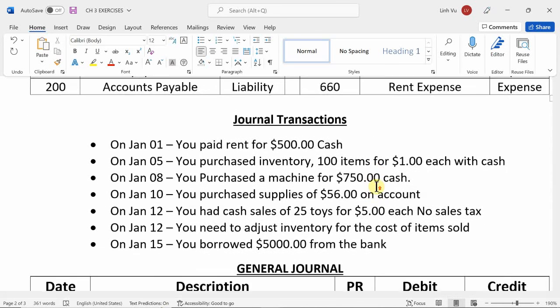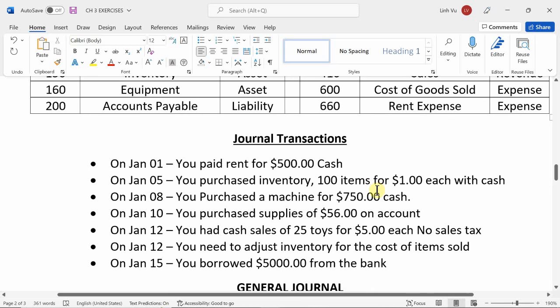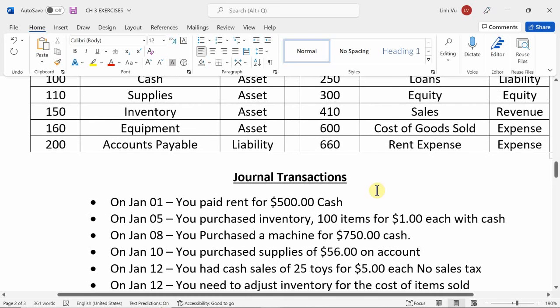The very first transaction we have here was on January 1st. You end up paying rent for $500 cash. So let's do our 7 steps of transaction analysis. Step 1, has a transaction occurred? Yes, it has. Step 2, how does it affect your business? Well, you paid for rent. You need rent in order to operate your business.